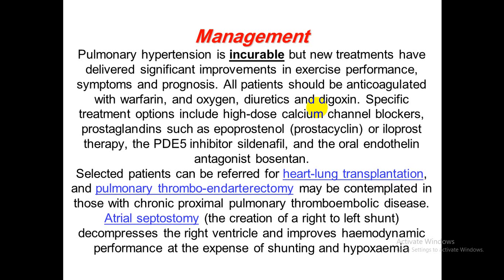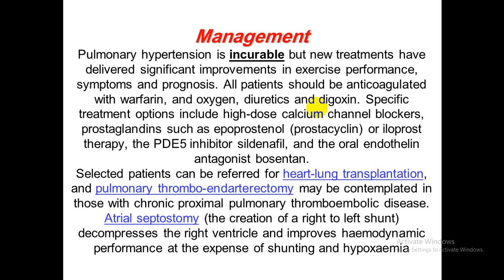Some useful treatments: we have to use calcium blocker as a vasodilator, and prostaglandin iloprost, and also Viagra or Sildenafil, a PDE5 inhibitor, and also the oral endothelin antagonist bosentan have been useful to improve the vasoconstriction in case of pulmonary arterial hypertension.